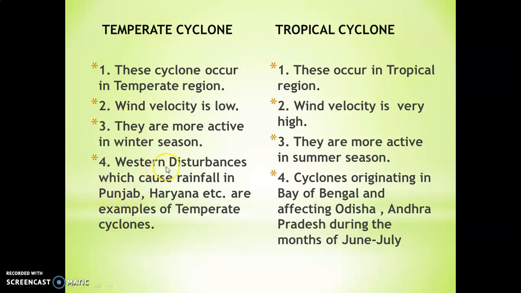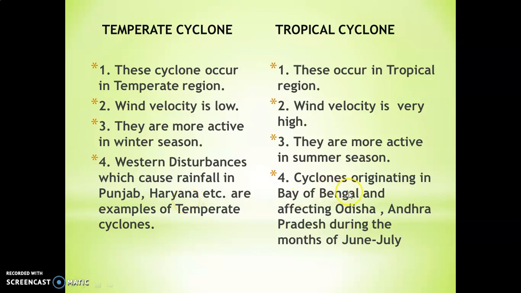Finally, these western disturbances or temperate cyclones enter Punjab, Haryana, and bring light rainfall, which is good for Rabi crops.